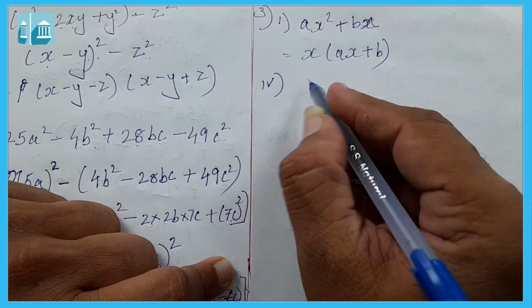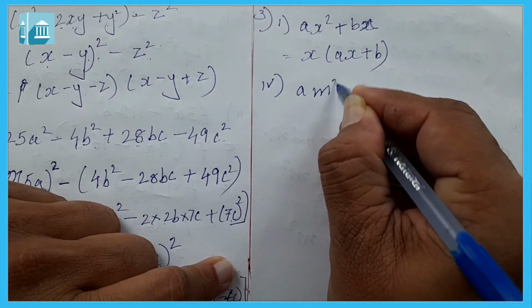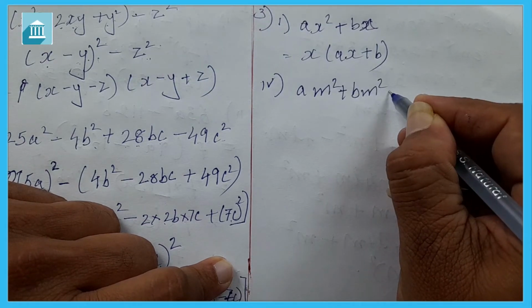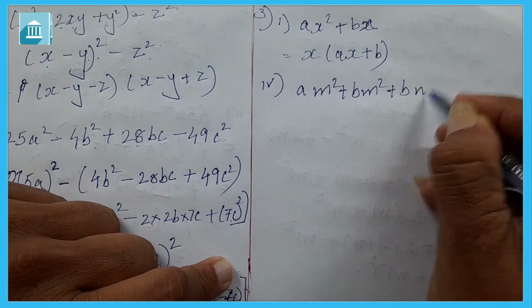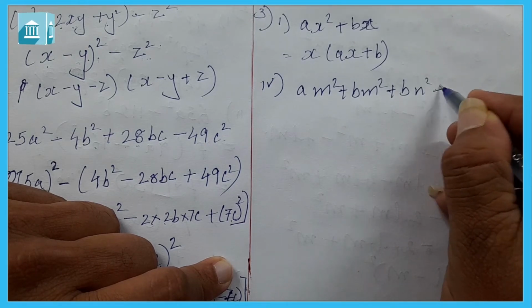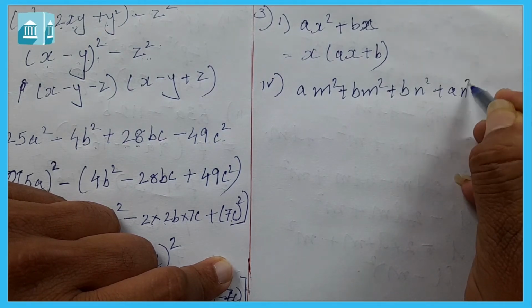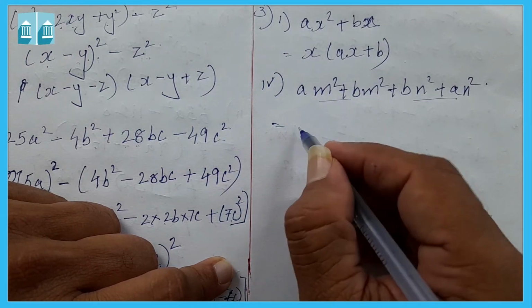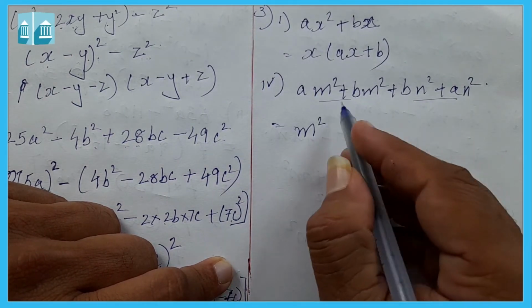The fourth one here is am square plus bm square plus bn square plus an square. Now here if we see these two terms and these two terms, the common in these two terms is m square.